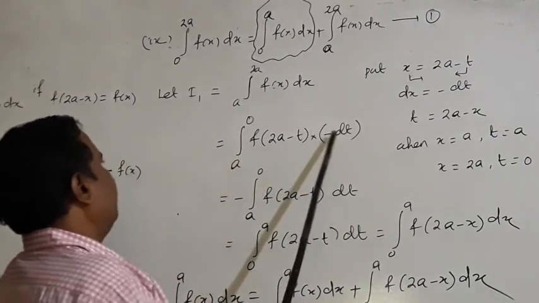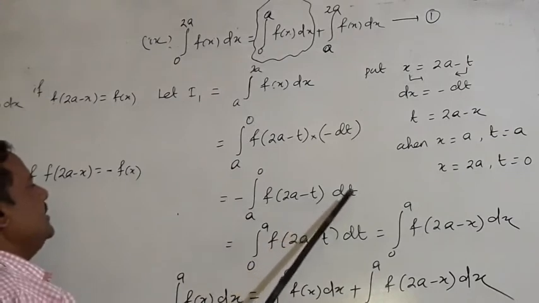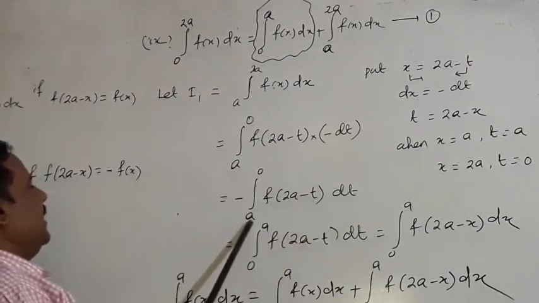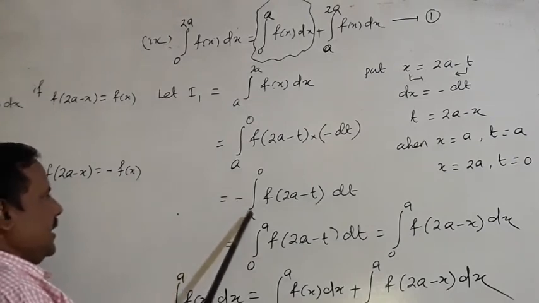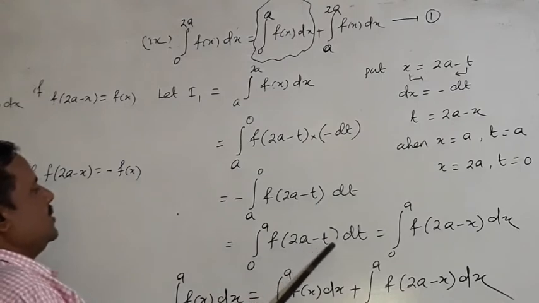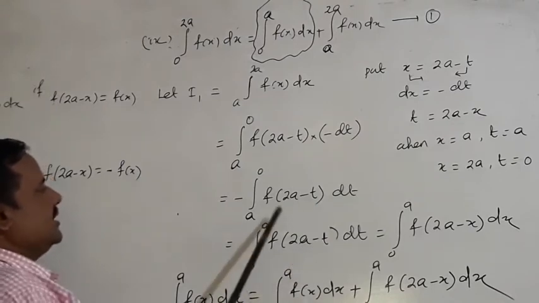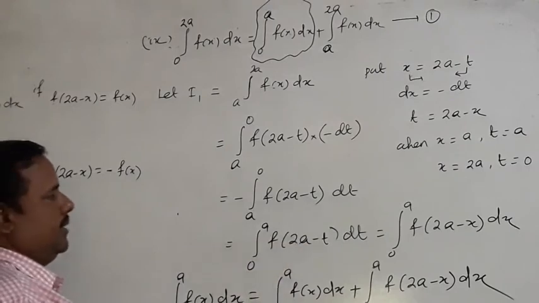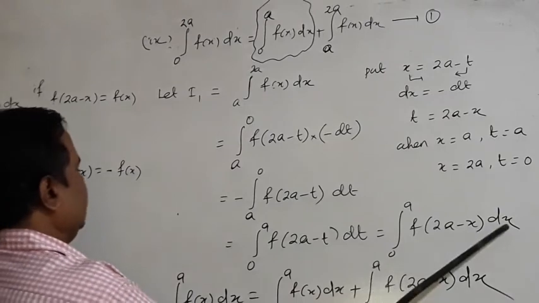Now look here. The minus will come outside, with limits a to 0, f(2a-t) dt. If this minus is adjusted with the limits a to 0, it converts to 0 to a, f(2a-t) dt. And in place of t, I can write x because a definite integral is independent of the variable. So it becomes the integral from 0 to a of f(2a-x) dx.